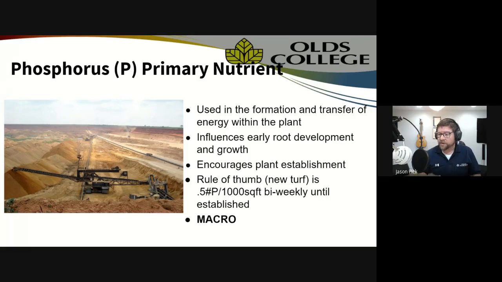You want to do exactly the opposite to what most other operators are doing in terms of keeping POA out. The disturbance theory. Have you guys heard of that? Not too much from the floor. The disturbance theory is, if you have a straight creeping bent grass playing surface and you go and punch it, aerate it, pull a core up, you're opening up the seed bank for all the POA that's already in the soil.